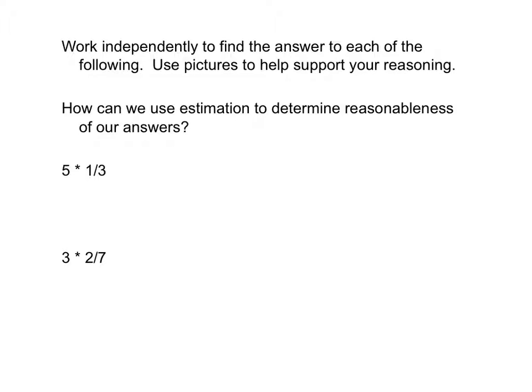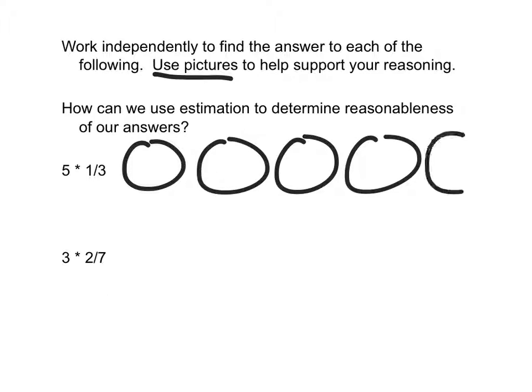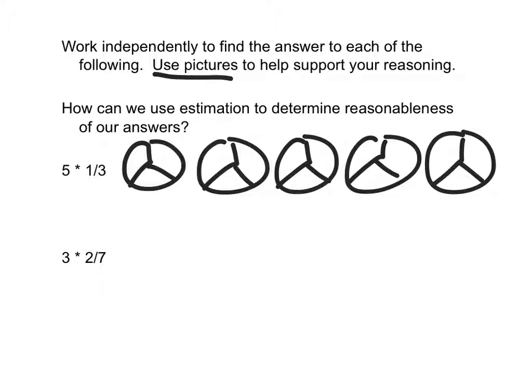I would encourage you to start with using pictures, and then go to words, and then go to a number sentence. So our first one is 5 times 1/3. I'm going to draw out my picture first. Each picture gets 1/3.